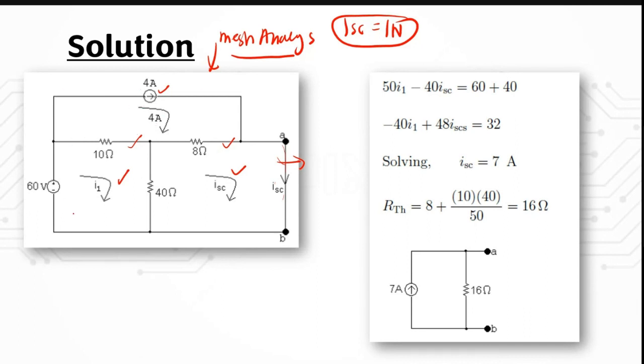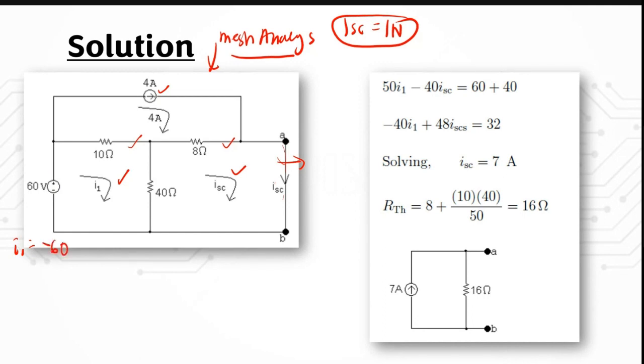So let's say we want the equation for I1 here. Just follow the current directions for the mesh here. Starting from here, it was minus 60.